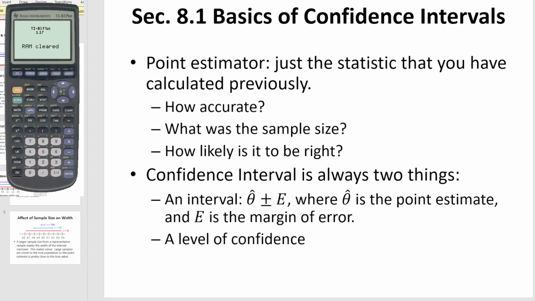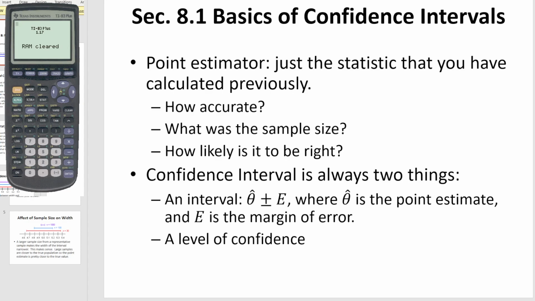With confidence intervals, we have something called a point estimator. A point estimator is just the statistic that we calculated previously. For instance, if we wanted to find the population mean mu, the point estimator was the sample mean x bar.